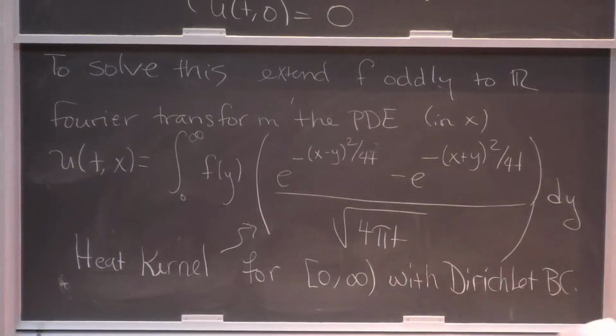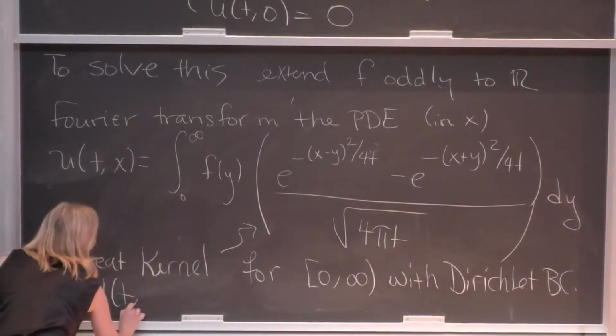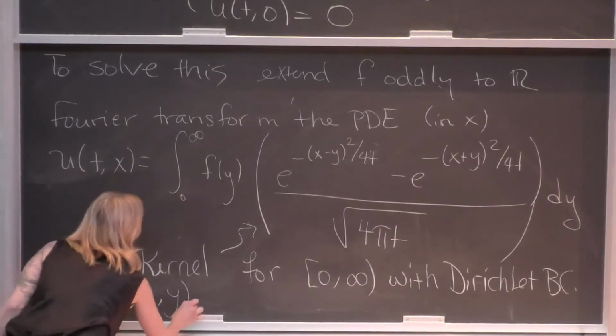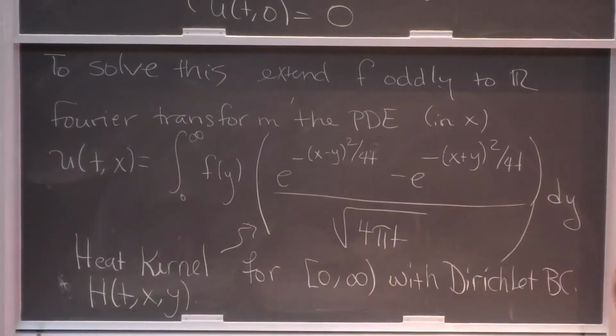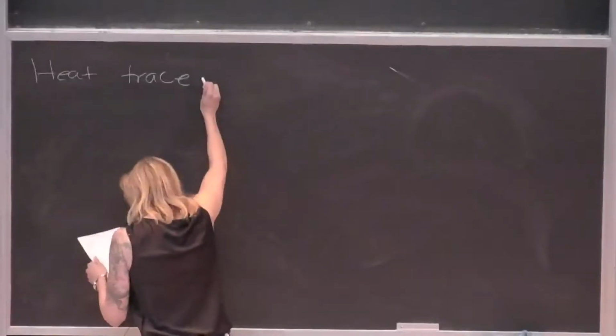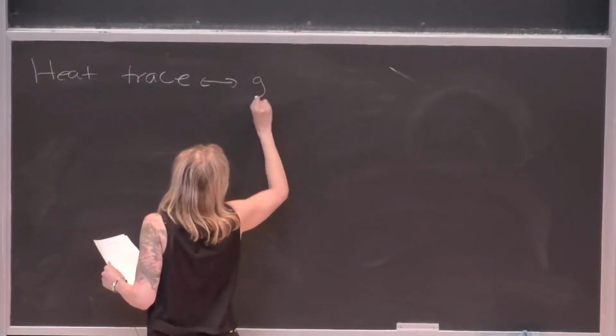We're going to call it H of t, x, y. Okay? So, the heat trace can reveal geometric features.